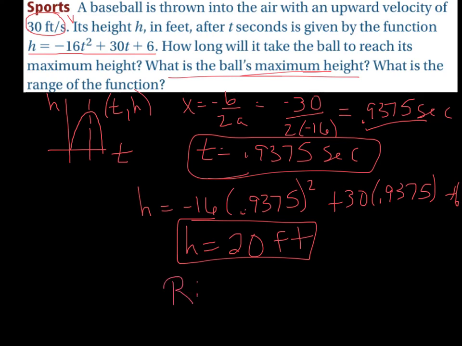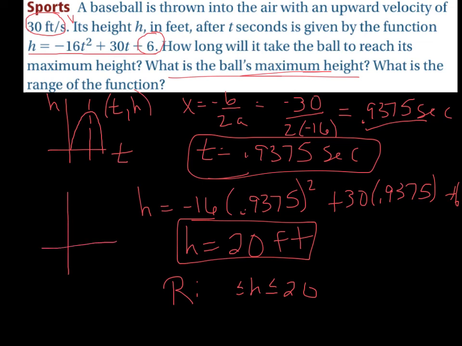Again, this is one of those cases where we're not just going y is greater than or equal to or less than or equal to some value. The maximum height is 20, so we know that 20 is the largest value. But what is the smallest? Where did it start? It started 6 feet off the ground when it was thrown.